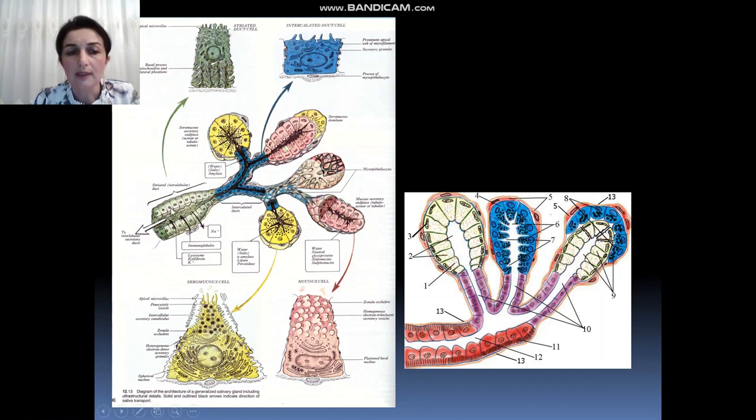These mitochondria are needed for providing energy for the operation of sodium-potassium pumps, which are also located in the basal cell membrane of these cells.